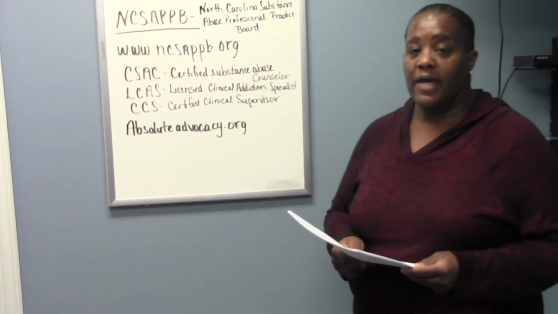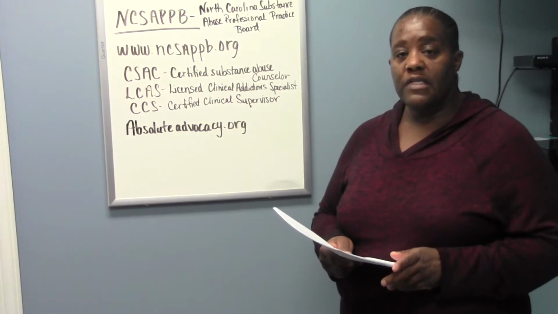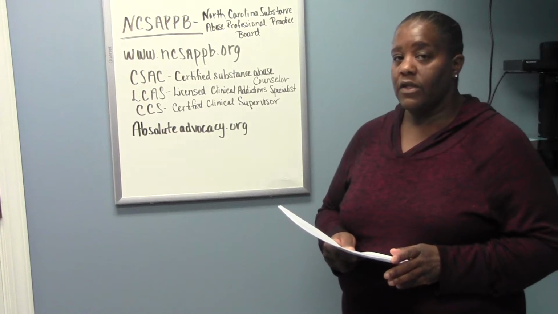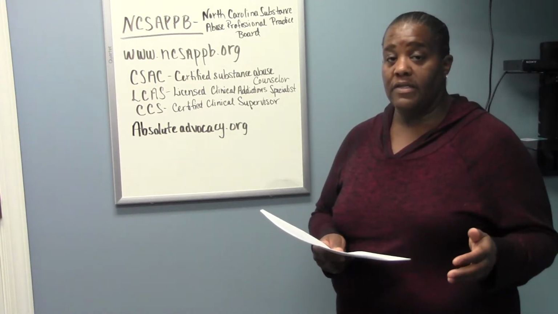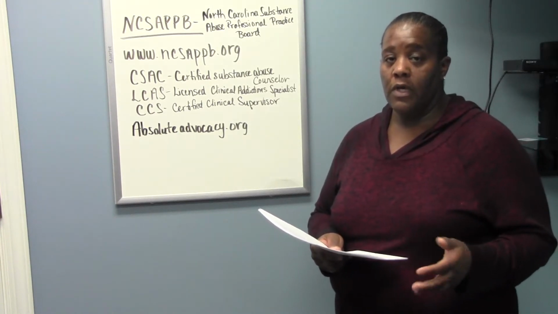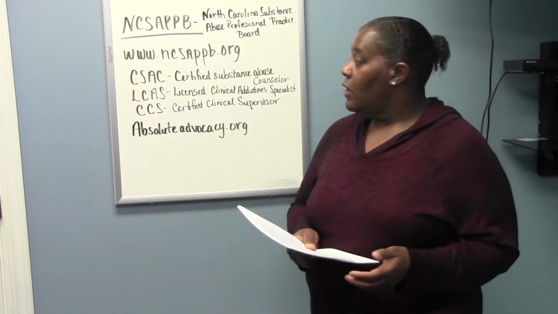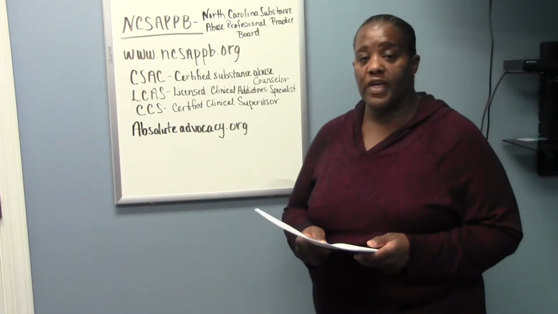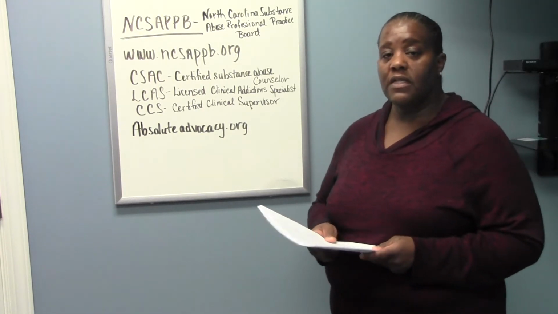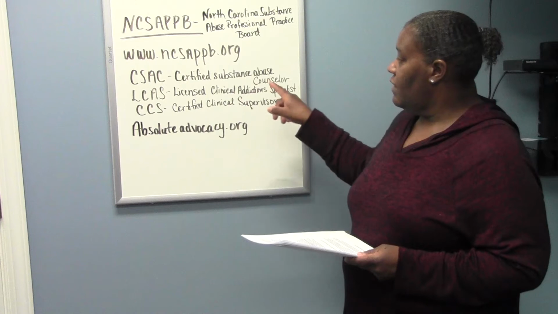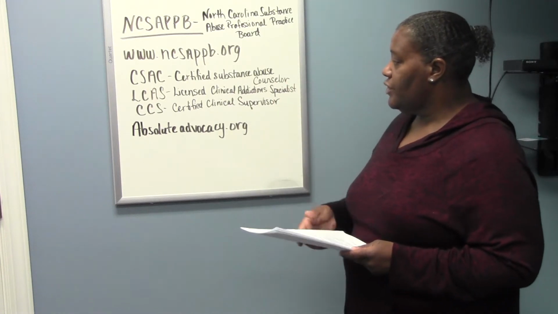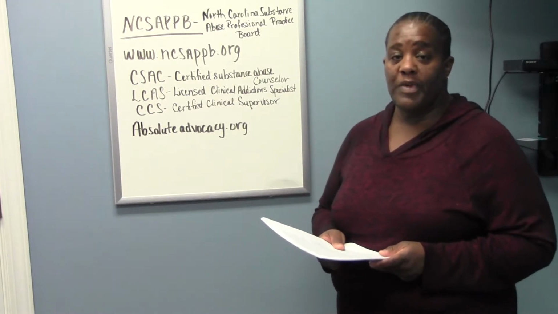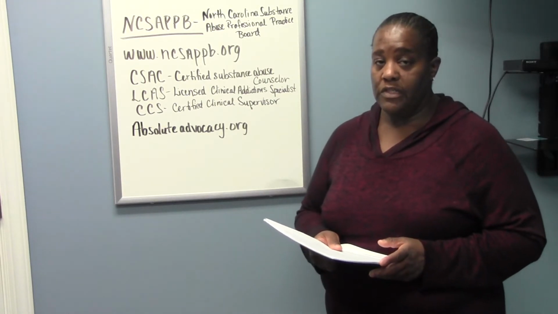Everything on their website has gone electronic, so there is what is called a learner builder, and you will need to access that learner builder website and set up a username and password, creating a profile for yourself. Once you create a profile for yourself and once you've had an opportunity to take a look at the certification website, you can take a look at the different criteria for each of the certifications or licensures, and it will give you information as to which one you can choose based on your educational background and your experience.